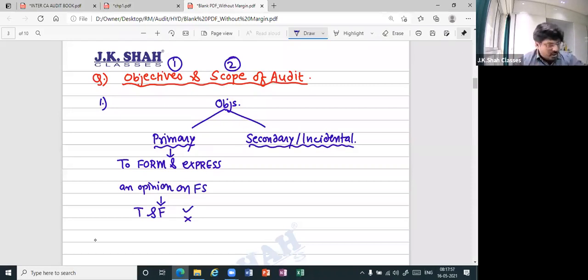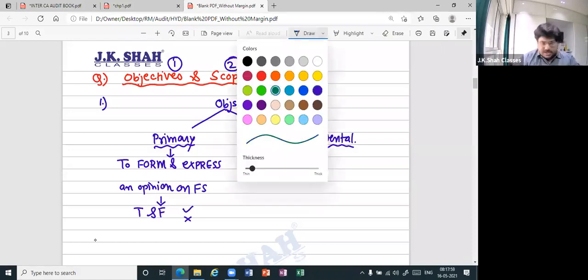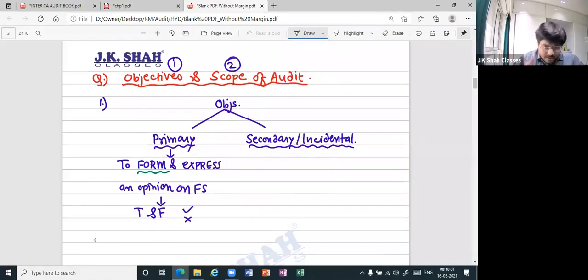Now, important to understand are two words. One, form. Second, express. So first you have to form an opinion. Obviously, you form an opinion in your head, whether true and fair view is actually there or not. In other words, when I say to form, it means to conclude. Come on, yeah. How do you express that?